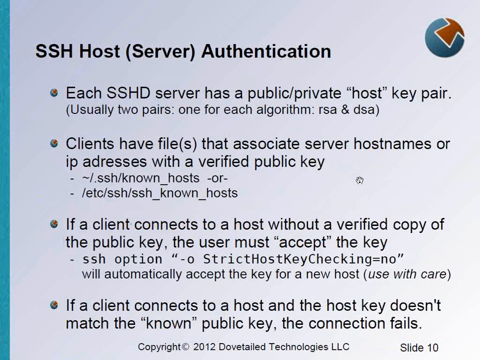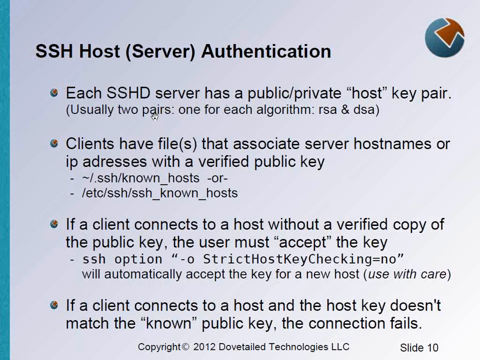Let's look at it in the context of, first, the host, the server authentication, right? The first kind of authentication. So the way this works is each SSHD server has the public-private key pair, but in particular, the server for host authentication has the private key.